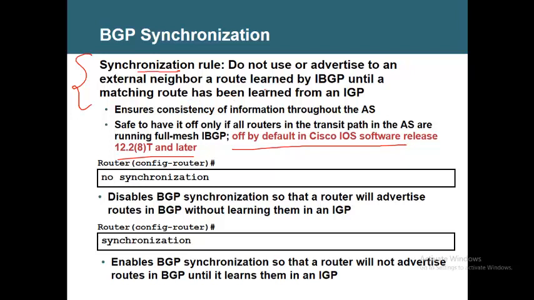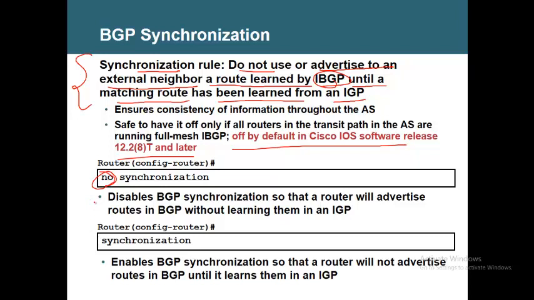The synchronization rule says do not use or advertise to an external neighbor a route learned by IBGP, meaning you learn it from the B router via IBGP, until a matching route has been learned from OSPF, the IGP. Got it? So this is a useless rule, and they have turned it off by default.